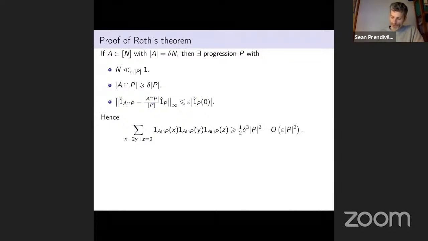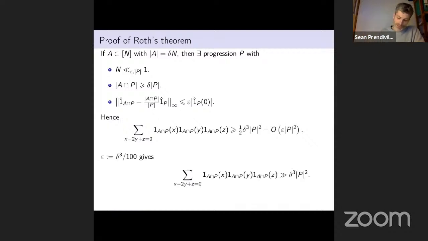So we've got a nice lower bound now, and you can see if you take epsilon sufficiently small in terms of delta, you're going to obtain a nice lower bound for the number of progressions in your set A constrained to this subprogression P. So you take epsilon to be, say, cubic, or something smaller than cubic in delta.